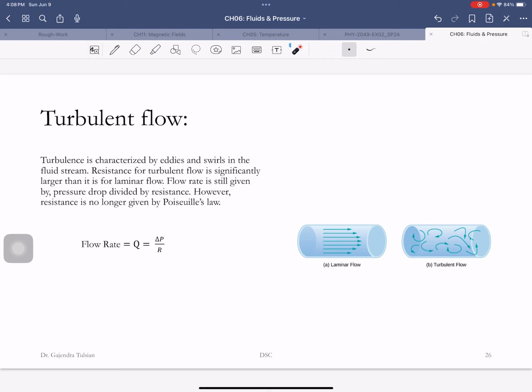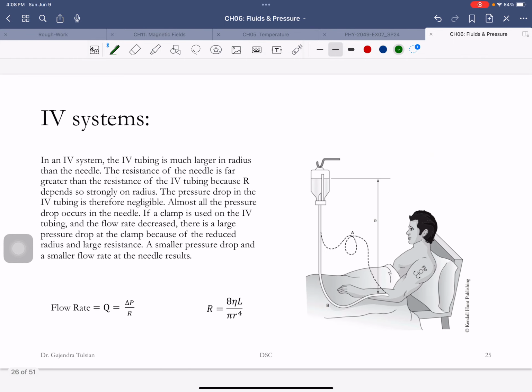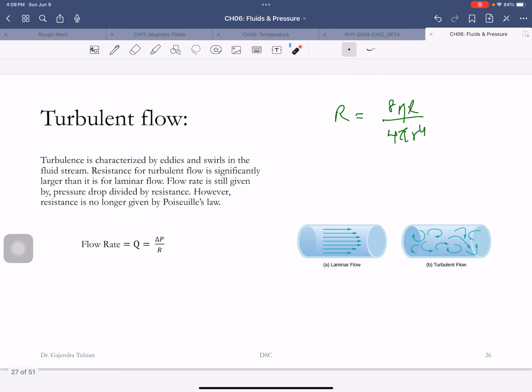Okay, so now for laminar flow, you saw the resistance. The formula for the resistance was 8 eta L divided by pi r to the power 4. Again, there's no 4 there. Okay. So this formula applies when the flow is laminar.